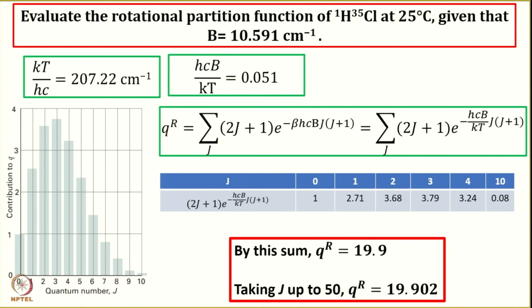Let us first discuss how to evaluate the rotational partition function for a given molecule. Look at the problem given to us. Evaluate the rotational partition function of HCl at 25 degrees centigrade, where the rotational constant is given. HCl is a heteronuclear diatomic molecule, so straight away, when you rotate by 180 degrees, you can distinguish between H and Cl.